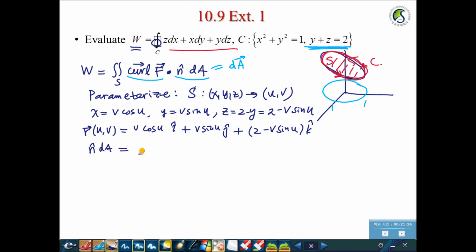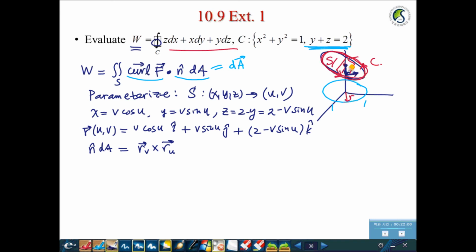You remember? The reason it's v then u, not u then v, is this. That's r on the xy plane, right? From here, that's r, and r is increasing, and this is theta.